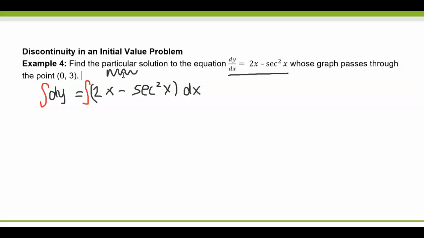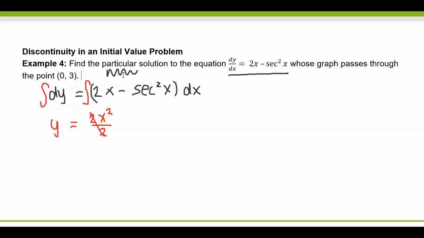So we are going to take the antiderivative of this. So the antiderivative of dy is y, because again, that's like 1 dy. So you get y. The antiderivative of 2x is 2x squared over 2, so you cross out your 2's.